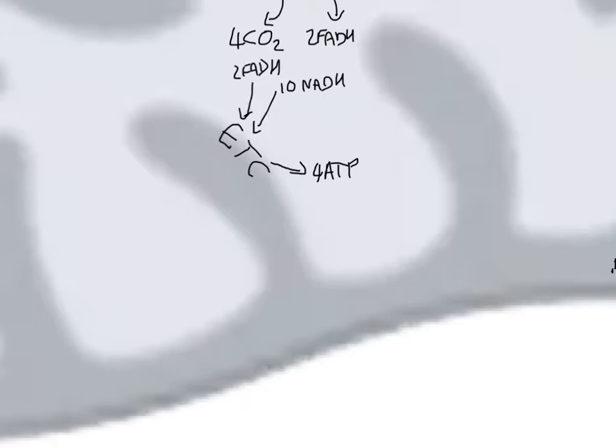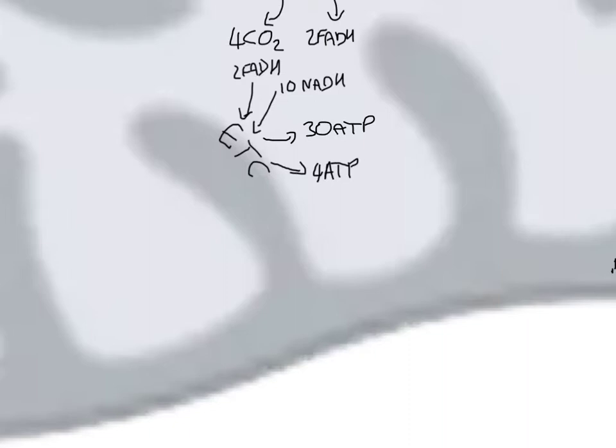So that 10, we had 6 being produced from the Krebs cycle, 2 from the link reaction and 2 from glycolysis. And coming out of there, we have 3 ATP produced per NADH, which means that coming out we have 30 ATP molecules. Like I say, this is just a summary.